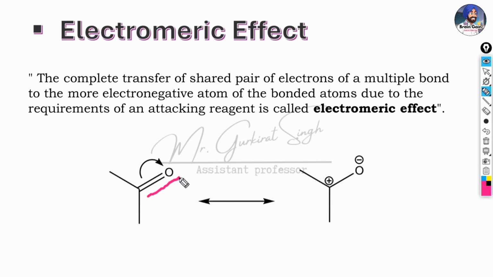Here we have a carbonyl compound that contains oxygen double bond. We all know that oxygen is having higher electronegativity. I hope you all remember the FON formula, which I already taught you in previous classes.